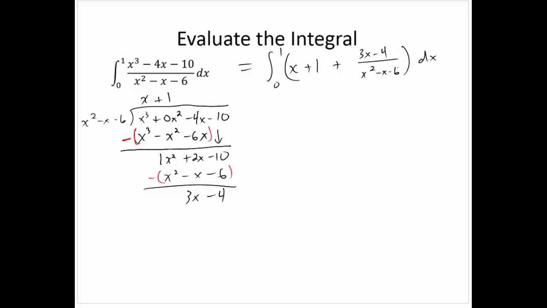All right, so now I'm going to focus on the 3x minus 4 over x squared minus x minus 6. Well, let's see, x squared minus x minus 6 factors as x plus 2 times x minus 3.